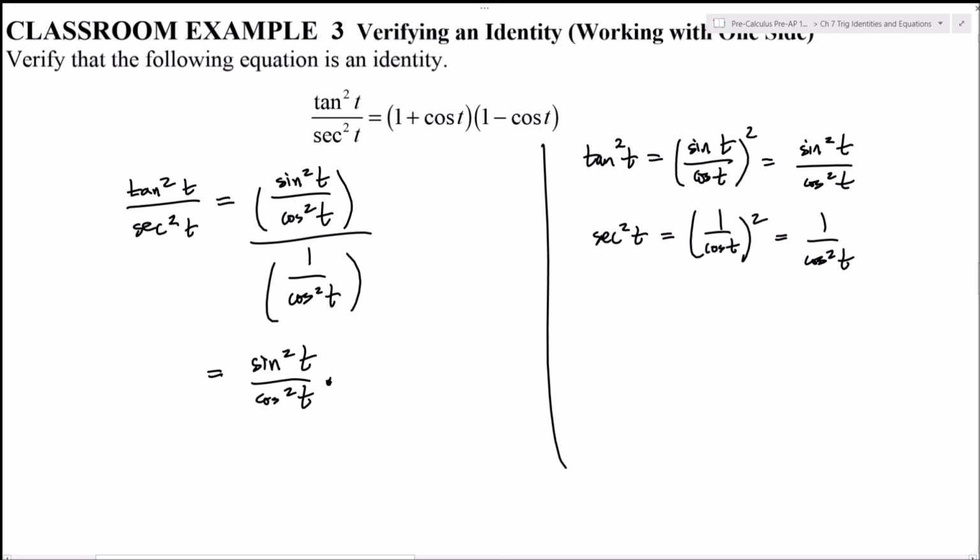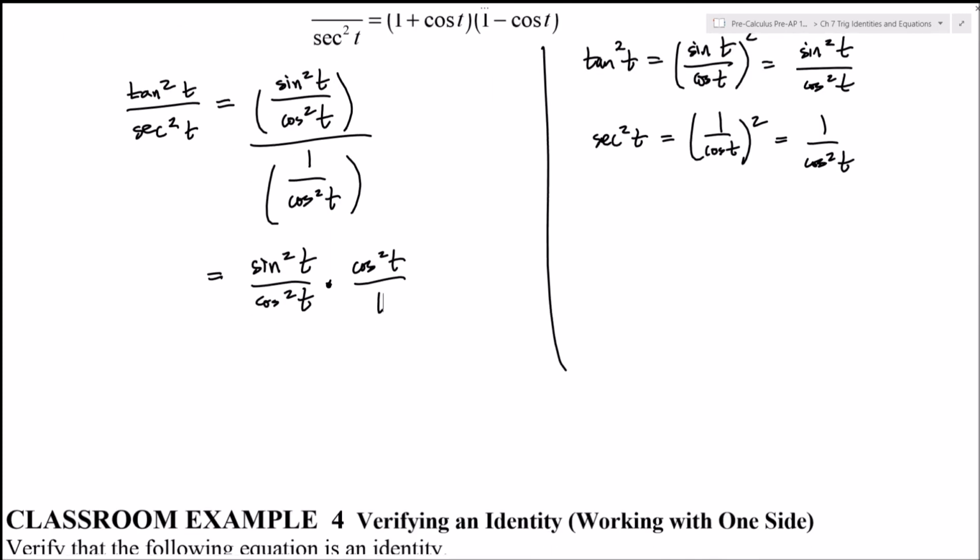So what you're going to do is take the reciprocal of 1 over cosine squared t. The reciprocal of any fraction is you replace the denominator with the numerator and the numerator with the denominator. So it's going to be cosine squared t on top over 1. So those are the same thing. Then here we have two fractions that need to get multiplied. When you multiply two fractions, you multiply across. Everything in the numerators gets combined by multiplication, and everything in the denominators gets combined by multiplication.